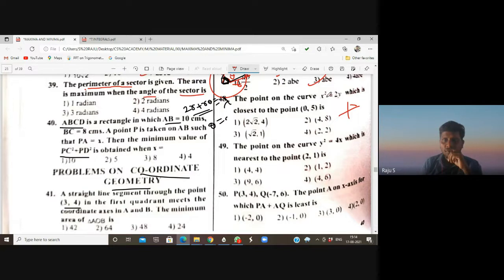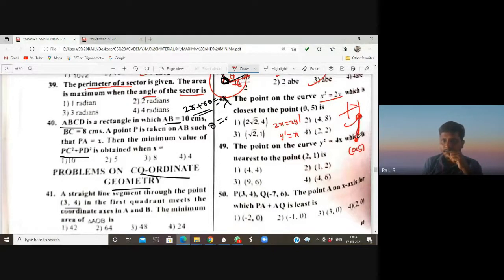The point on the curve which is closest to 0, 5: first we have to find the point on the curve, and another point, for example 0, 5, will be there. What is the point on the curve which is nearest? So find dy by dx. 2x is equal to 2y dash. Y dash is equal to x.